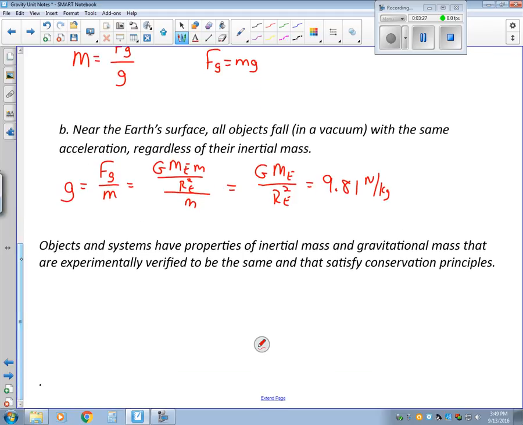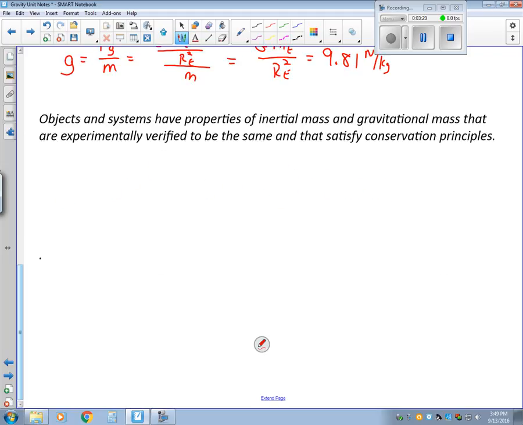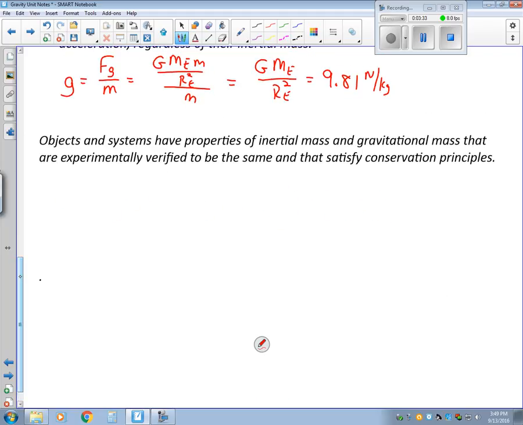So objects and systems then have properties of both inertial mass and gravitational mass. All experimental evidence has shown the two to be the same, that inertial mass is the same as gravitational mass.